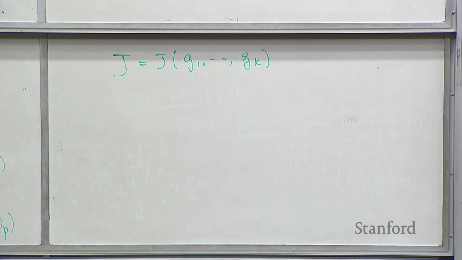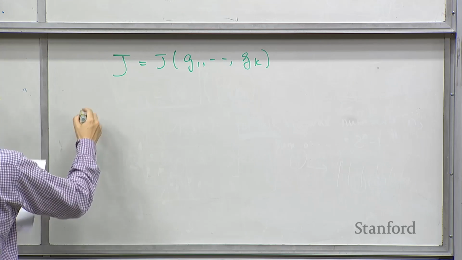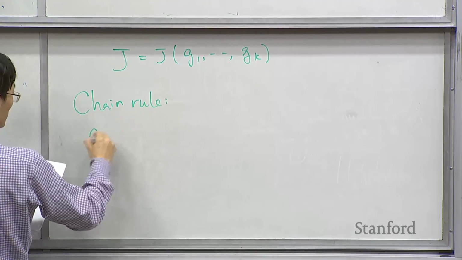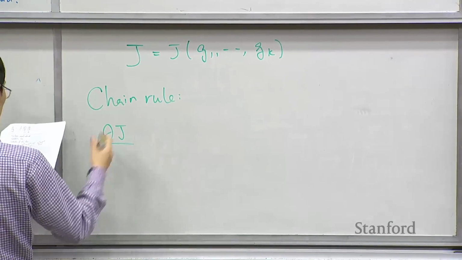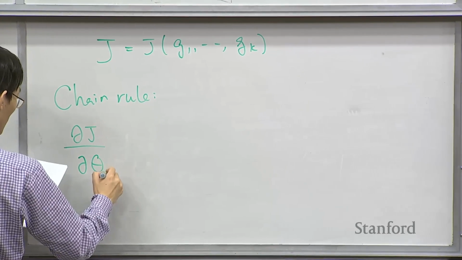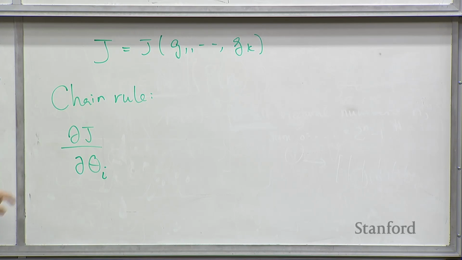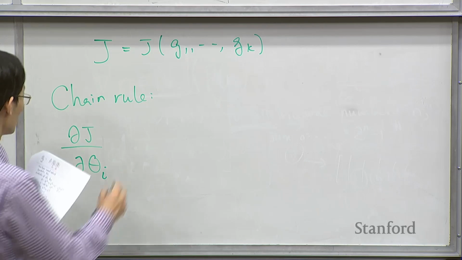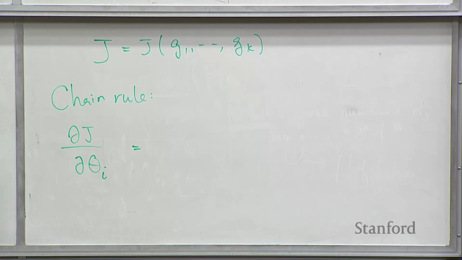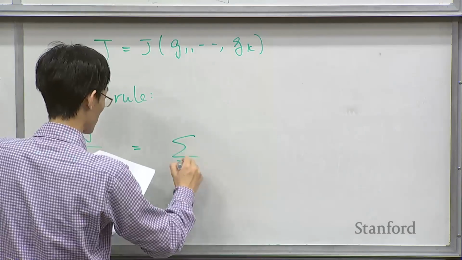Once you have this kind of two-layer setup, suppose you care about the derivative. The chain rule says that if you care about the partial derivative of the final output with respect to some input theta i, you can compute it with the chain rule. You enumerate over all intermediate variables, taking the sum over j from 1 to k.